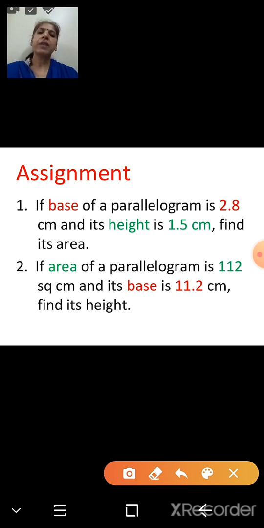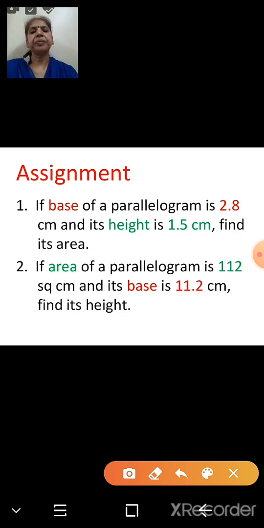Write given: base 2.8, height 1.5 centimeters, find area of parallelogram. Solution: area is equal to base into height. Substitute the values, 2.8 into 1.5, multiply, and get the answer. Decimal places are there, so be very careful where to put the decimal point. The unit of area is square, so here it will be square centimeter.